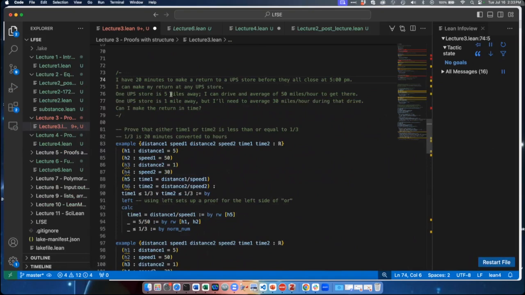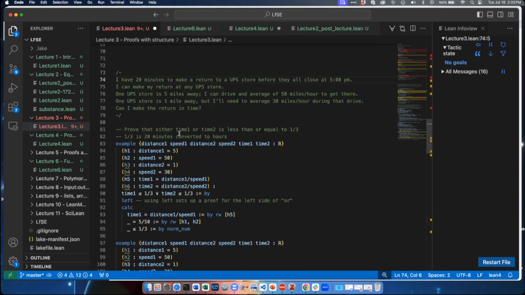One is 5 miles away, and it's on the highway. Another is 1 mile away, but I have to drive local. So can I make the return in time? I only have 20 minutes. So we're going to reformulate this word problem as: either time 1 for getting to UPS store number 1 or time 2 for UPS store number 2 is less than or equal to 1/3 of an hour.